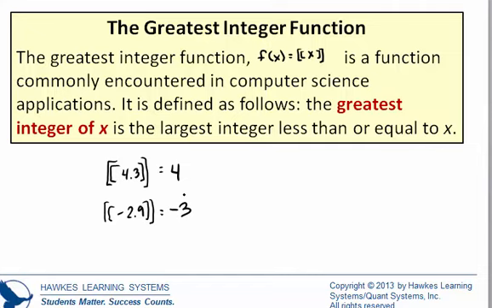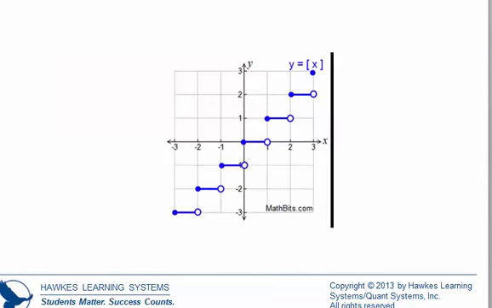When we graph the greatest integer function, we get a graph that looks like the picture on your screen. Recall that the open circles mean that that is not a defined value for the graph.